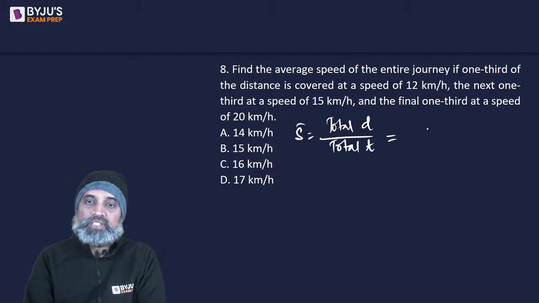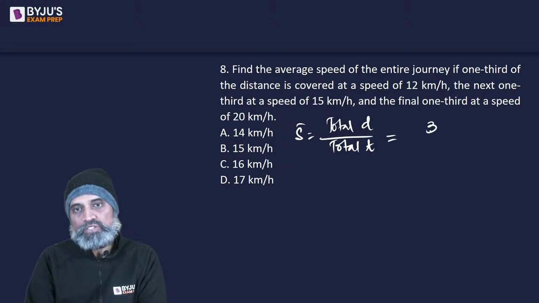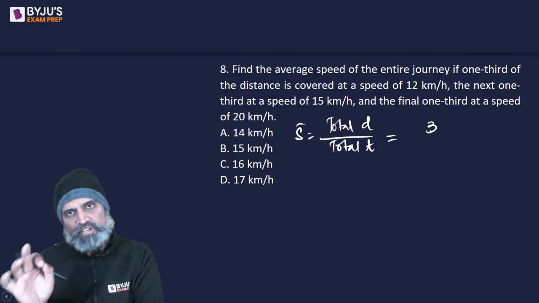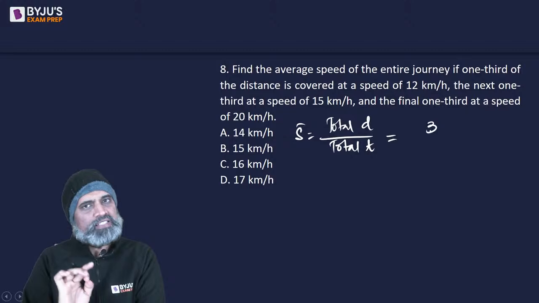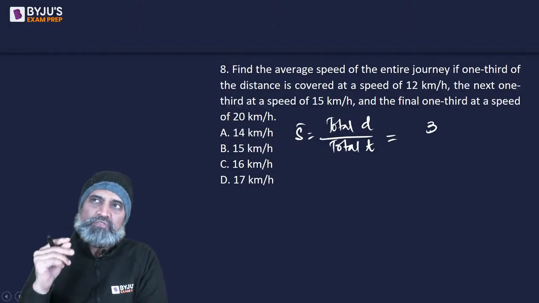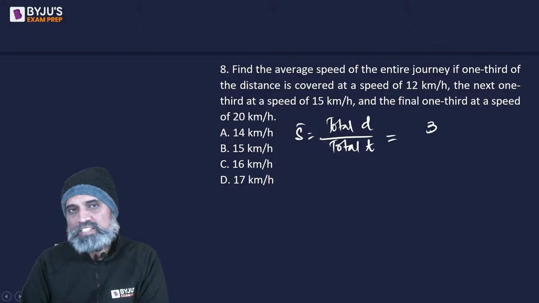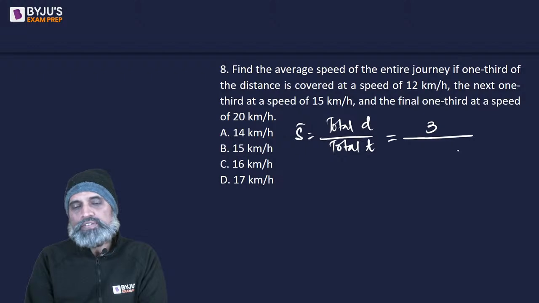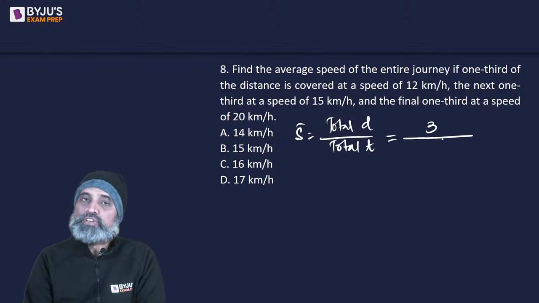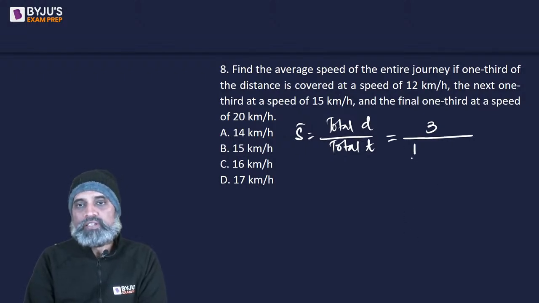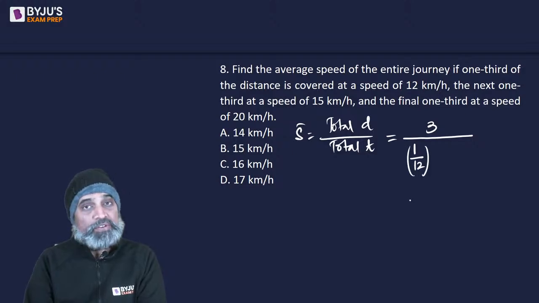Now here the total distance I will take as 3 units, 3 kilometers, 3D, 3x, anything that you feel like. I'm saying 3 kilometers because the distance is not mentioned, so it's completely up to us. Divided by 1/3 of it, that is 1 kilometer, covered at the speed of 12. So this is the time he will take. Time is distance divided by speed.